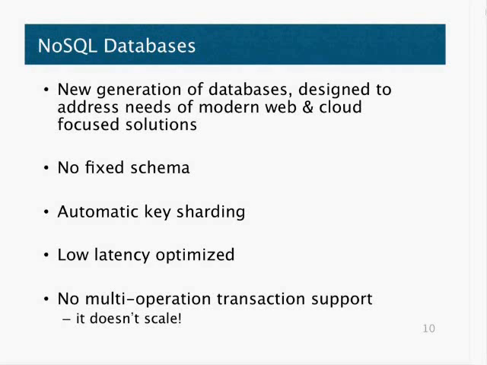In order to cluster, which is typically another requirement, so the ability to add more and more machines to get more and more capacity while still retaining low latency, requires something that's called sharding. Sharding basically means that the key space, so all possible keys, somehow get divided up into slices, and slices get allocated to specific machines.